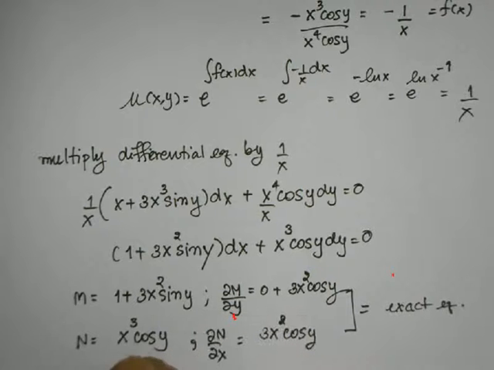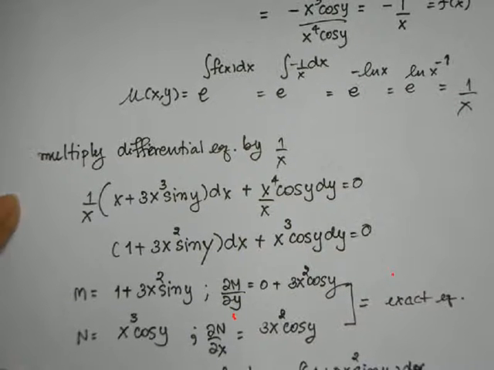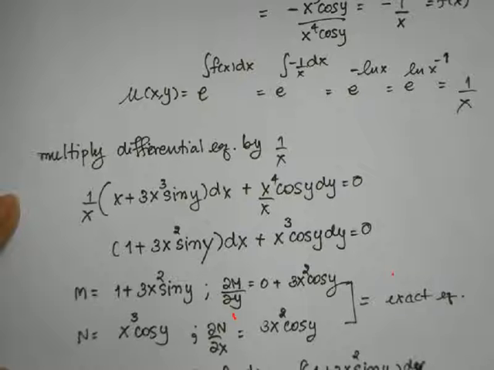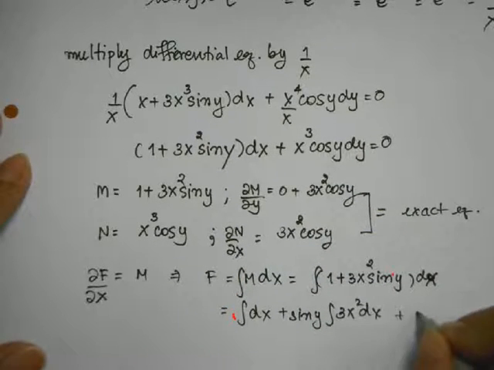Okay, df by dx equals M. So f equals the integral of M dx, which is the integral of 1 plus 3x squared sine y. So you've got the integral of dx plus sine y times the integral of 3x squared dx plus g(y) again.